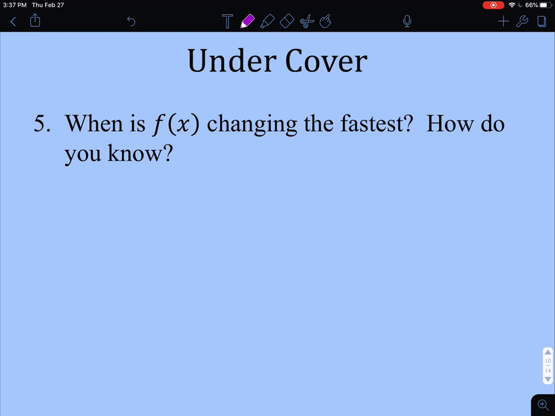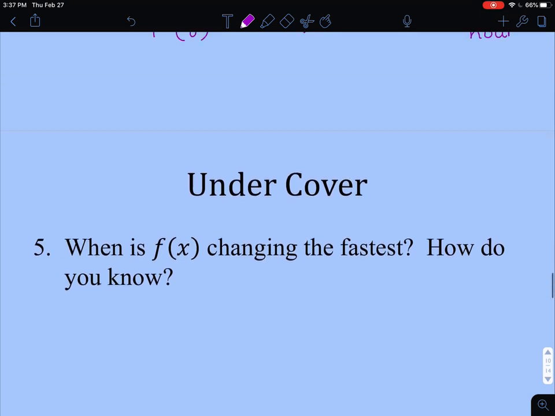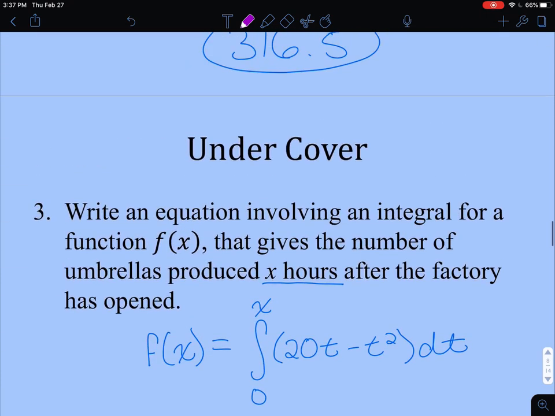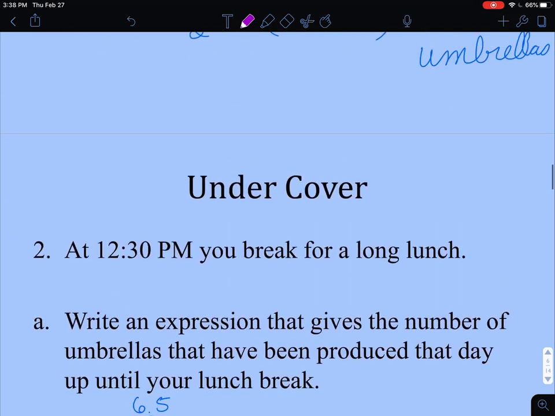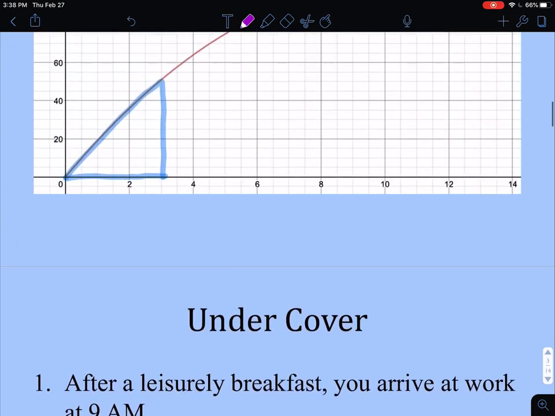When is f of x changing the fastest? How do you know? So when is f of x changing the fastest?